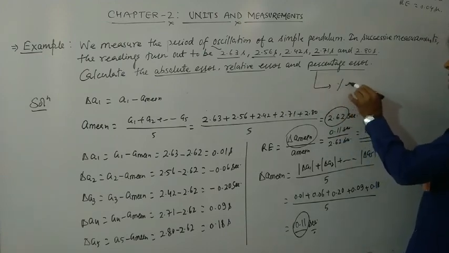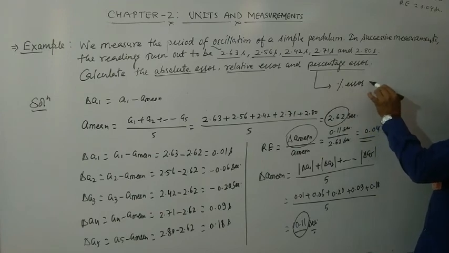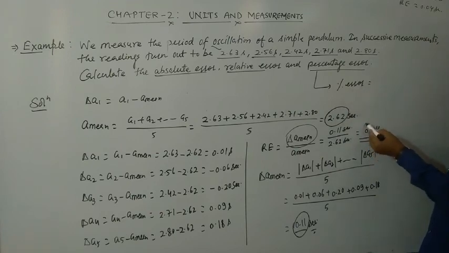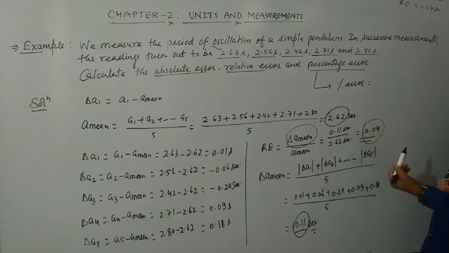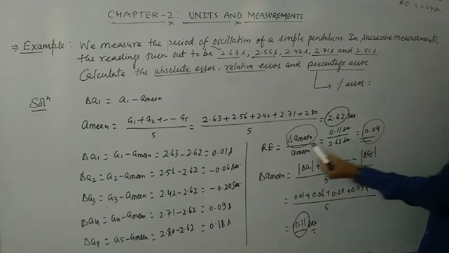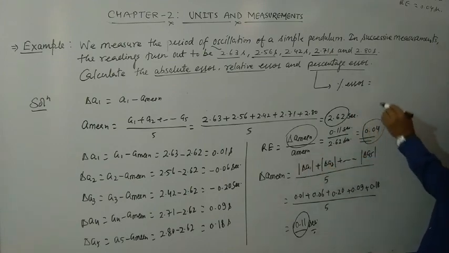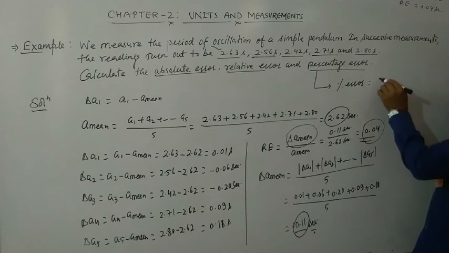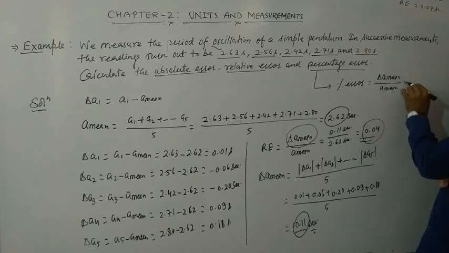As you know, if I express this relative error or fractional error in terms of percentage, it becomes the percentage error. It is calculated simply by multiplying this relative error by 100. So the relative percentage error is equal to delta A mean divided by A mean, into 100.